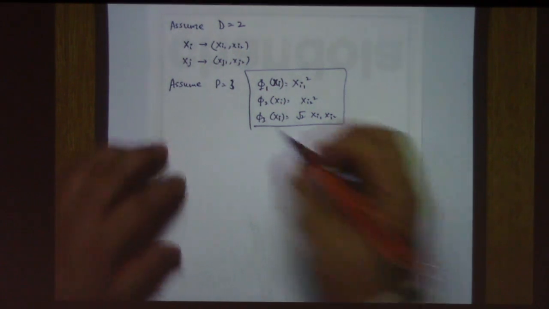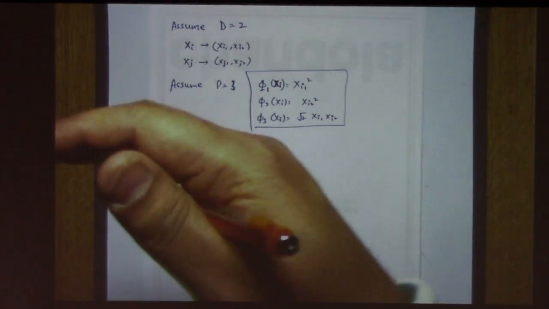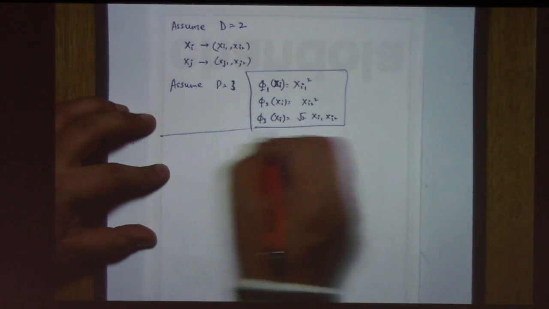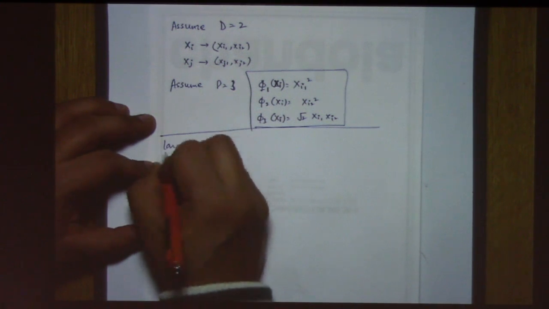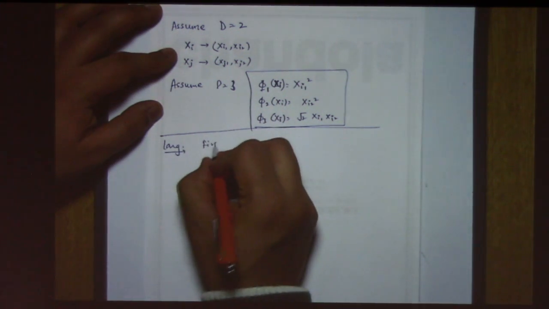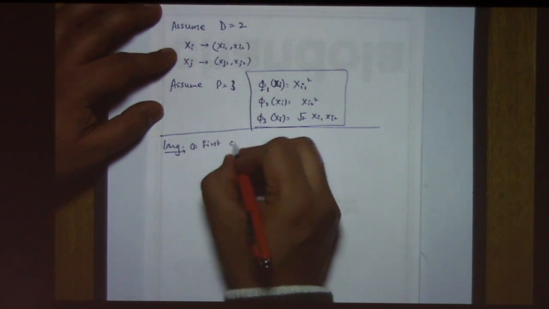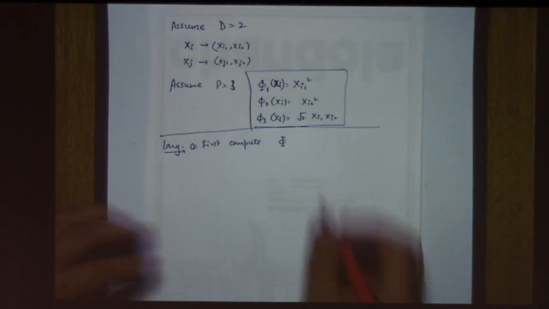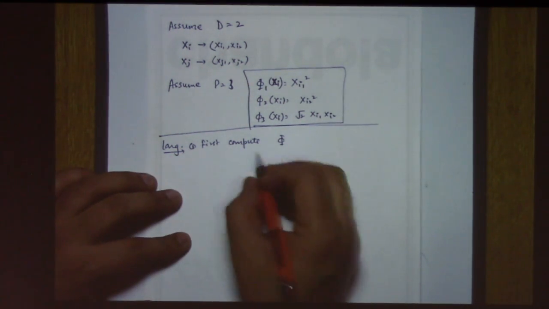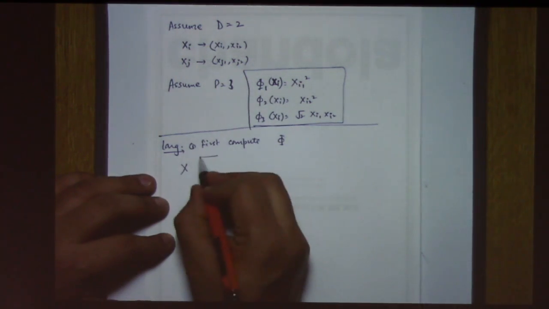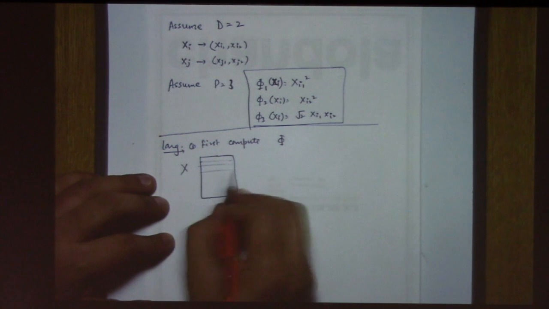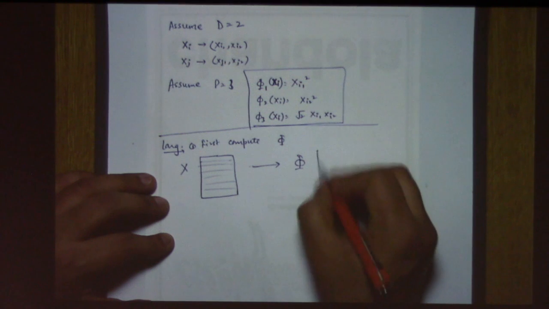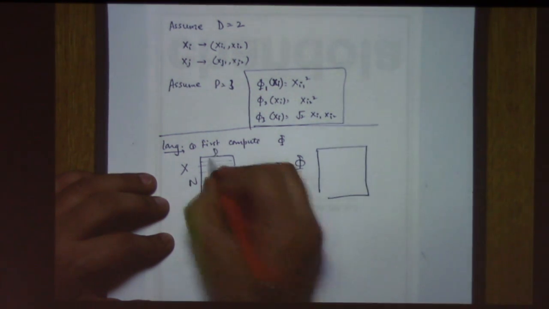Which means that if I want to do regression in this new space, the long process is: step 1, compute the phi matrix. In the phi matrix, you take each object in your data, your X, and convert it into phi, so this is n cross d and this is n cross p.